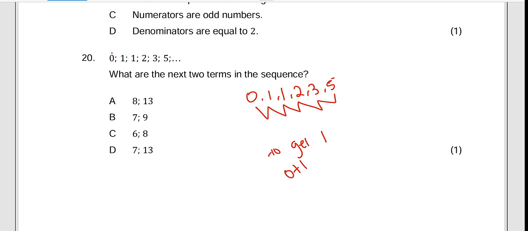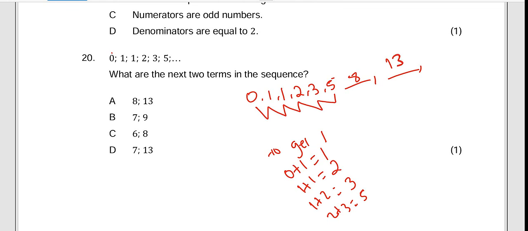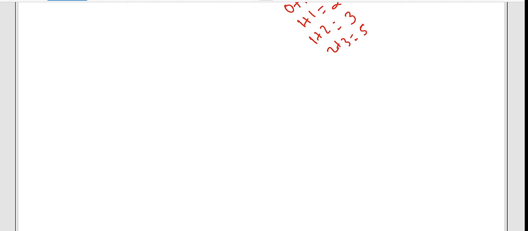For me to get this 2, I added 1 plus 1. It gave me 2. To get 3, I added 1 plus 2. And then 2 plus 3 gave me 5. Meaning that to get the next term, I will add these two. 3 plus 5 is going to give me 8. 8 plus 5 is going to give me 13. It's 8 and 13.